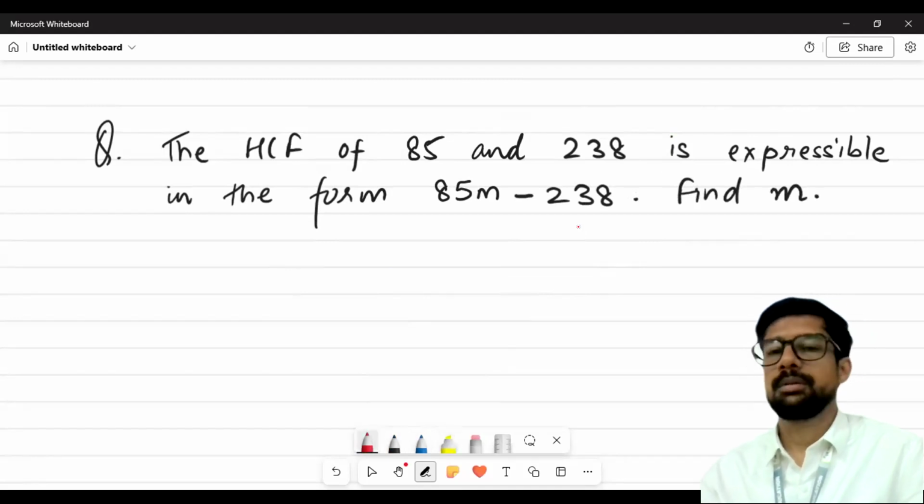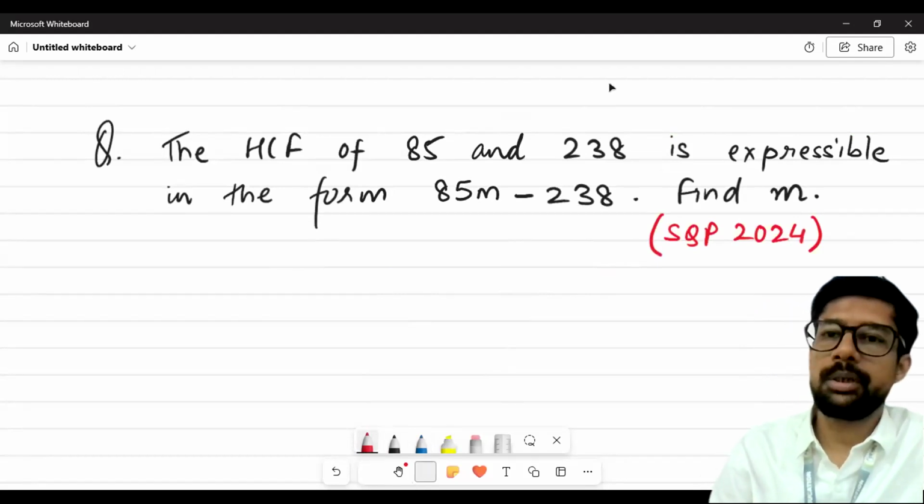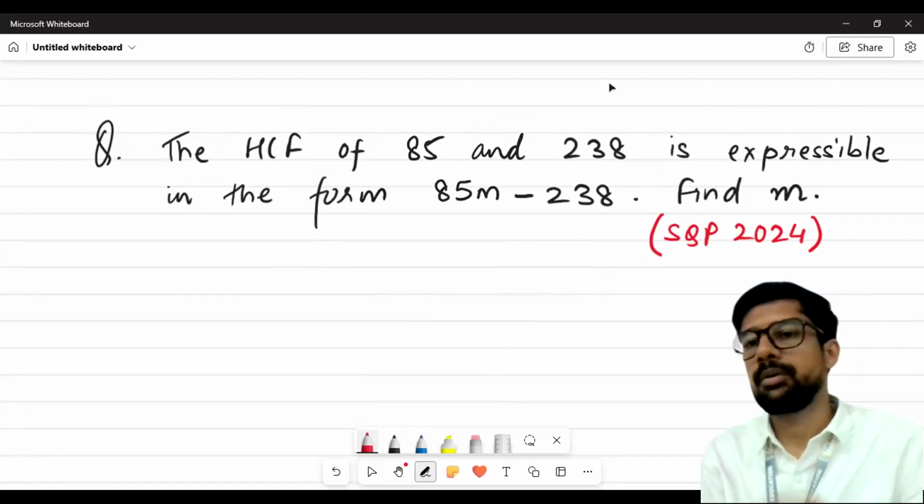It was in SQP 2024. Have a thought over it and then we'll talk about the range of this question.